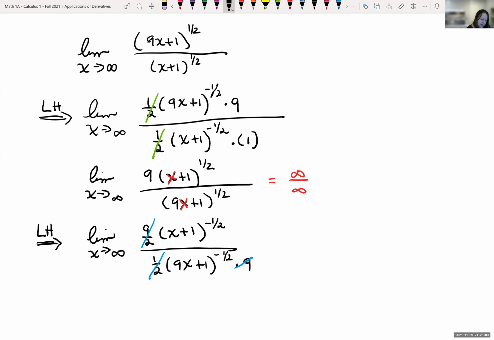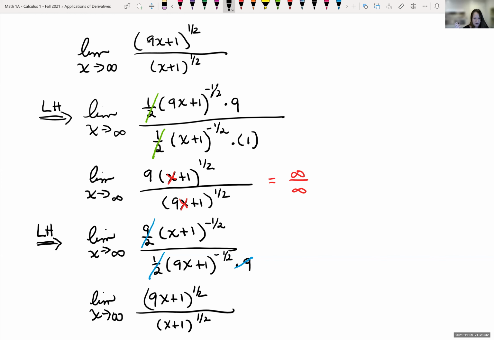So again, I could rewrite this, making my exponents positive. And so now I have 9x plus 1 to the positive 1/2 power, all over x plus 1 to the 1/2 power.